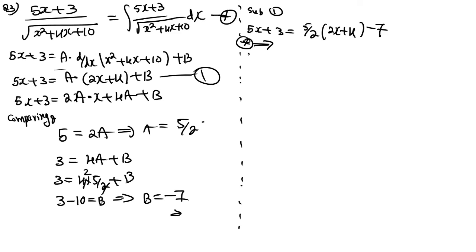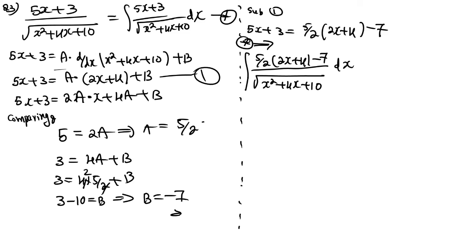Equation star implies integration of (5 by 2 into 2x plus 4 minus 7) divided by the square root of x square plus 4x plus 10, into dx. Now split into two parts.